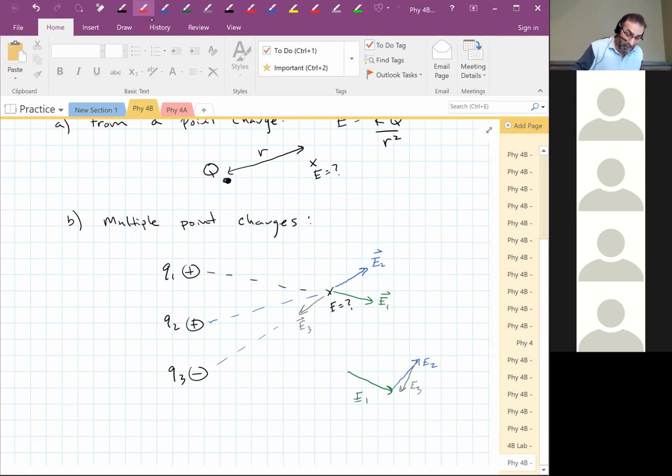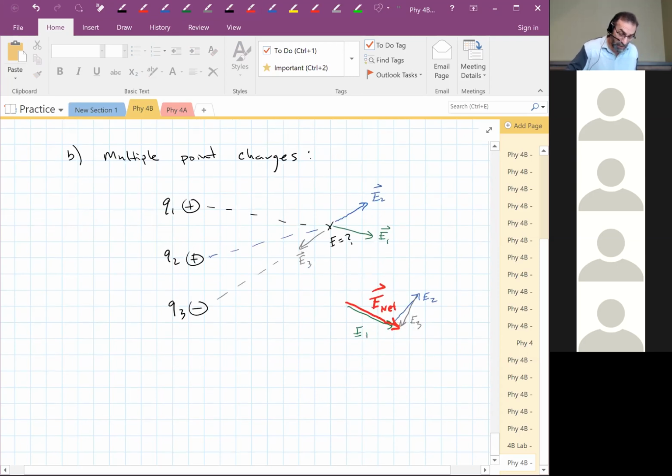We add them up, and what do we get? We get this vector right here. So our net electric field is the vector sum. Be okay with that?